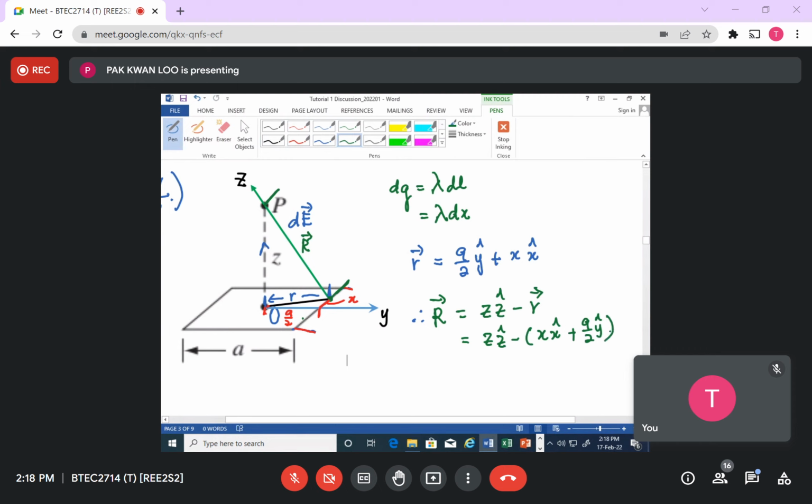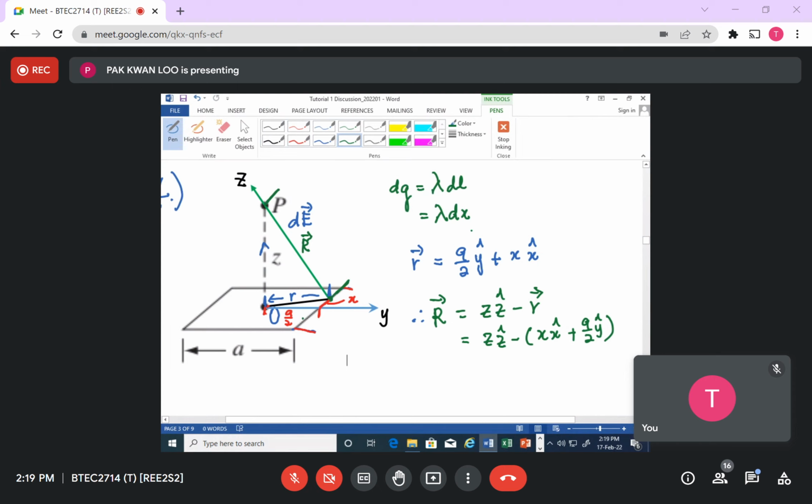So this is the vector that we have established for a point charge that contributes an electric field at point P. This point charge here is arbitrary. As I have mentioned many times, you can choose any point along this line here.